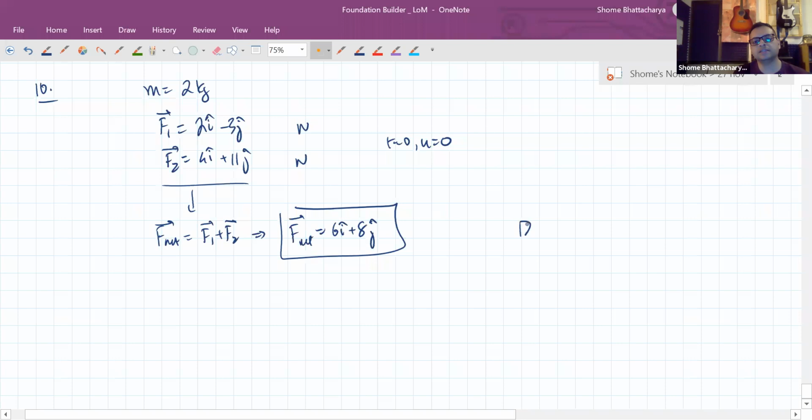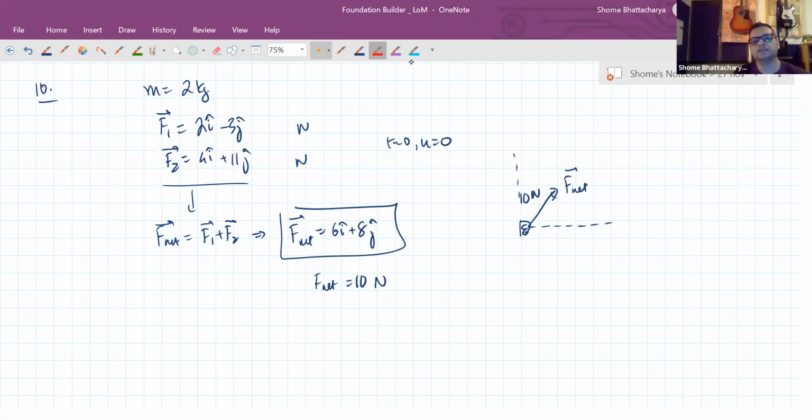So this net force has a magnitude of 10 newtons, and it is acting at an angle of 53 degrees with respect to the x-axis. That will give the body an acceleration in the same direction.